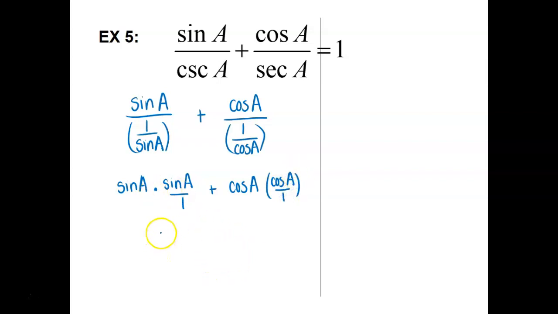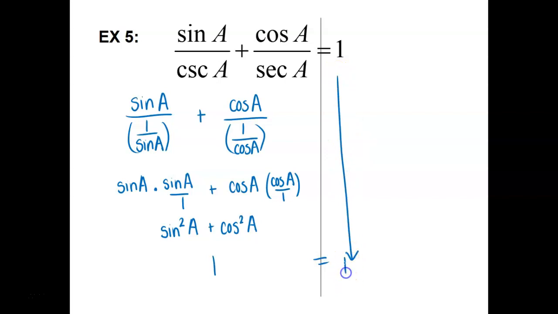And then this is just sine squared A plus cosine squared A, and what does that equal? That is going to be 1, which is the other side.